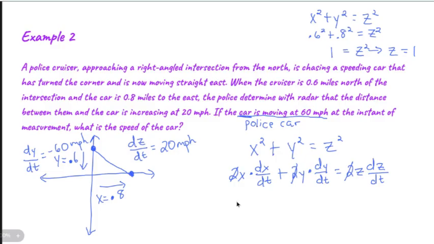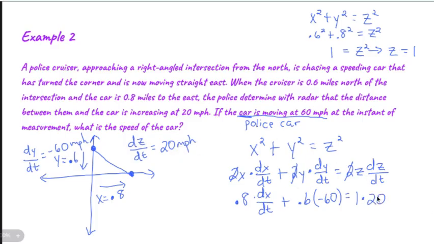X would be 0.8, times dx/dt, since we're looking for the speed of the car, plus y, that was 0.6, times dy/dt, which was negative 60. Z, that was up here, that was 1, times dz/dt, that was 20.